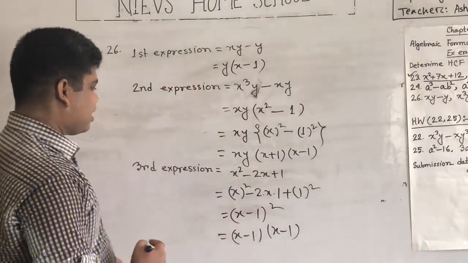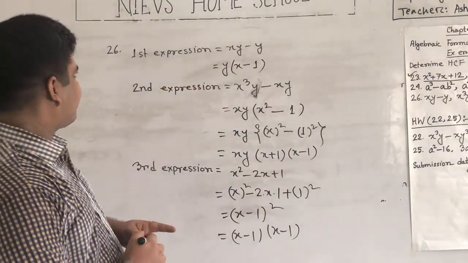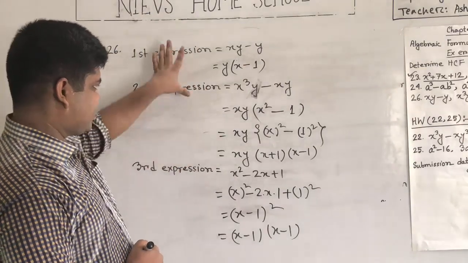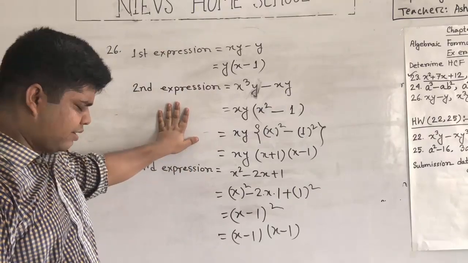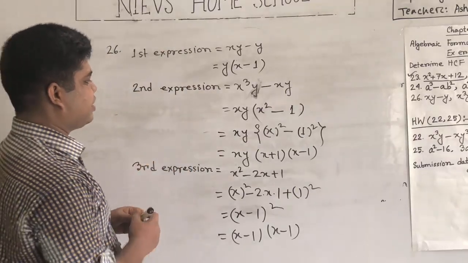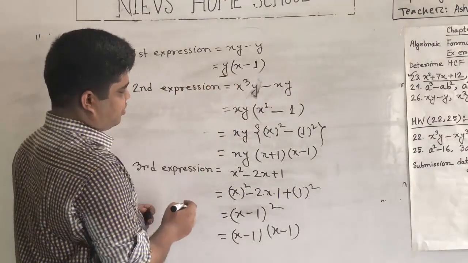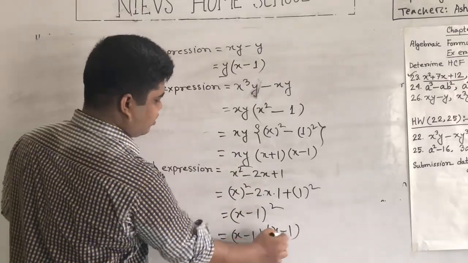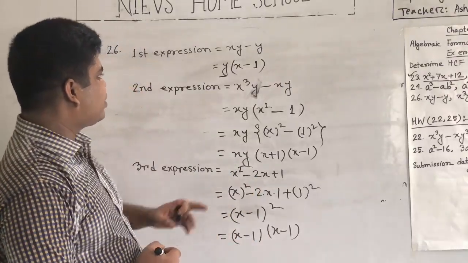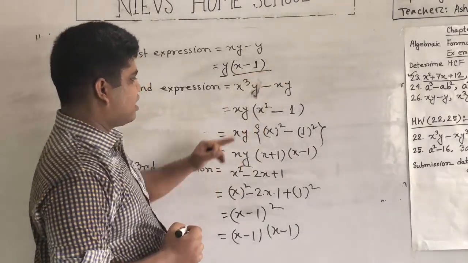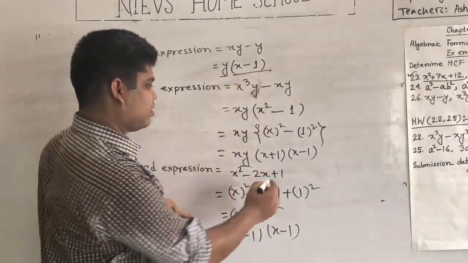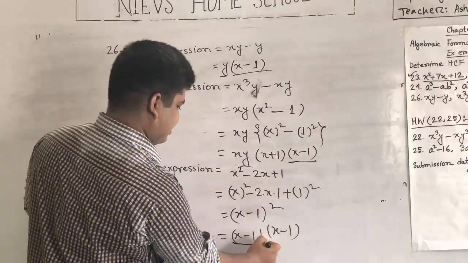Okay. Now we find out the HCF of the three expressions. That means we want to check which factor is common in the three expressions. So notice y. y is common here and here, but there is no y in the third. For this reason, we don't take y. Then we take x minus 1. x minus 1 is common here, here, and here.